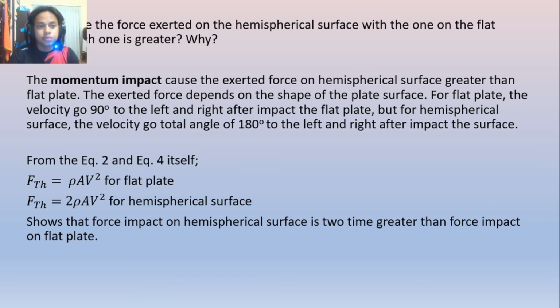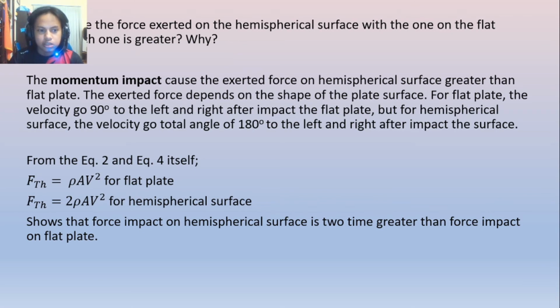So we will move into part C. We will compare the force exerted on the hemispherical surface with the one on the flat plate, and which one is greater. In this event, the concept of momentum impact causes the exerted force on hemispherical surface to be greater than flat plate. The exerted force depends on the shape of the plate surface. For flat plate, the velocity goes 90 degrees to the left and right after impact on the flat plate.